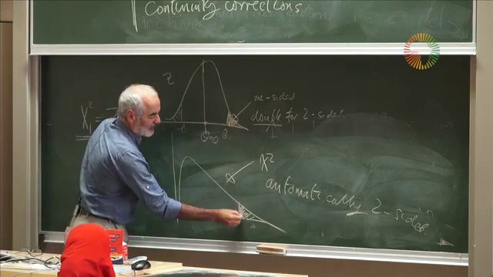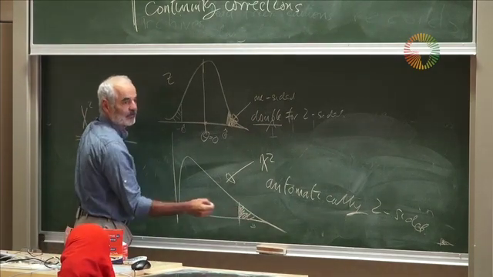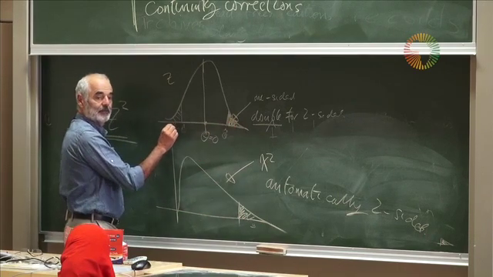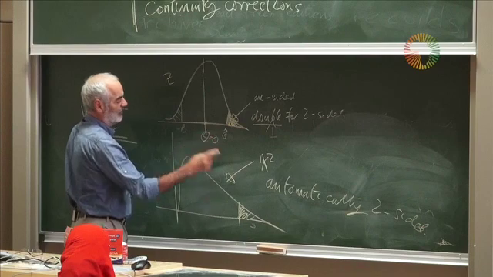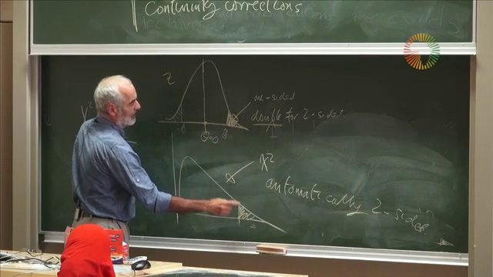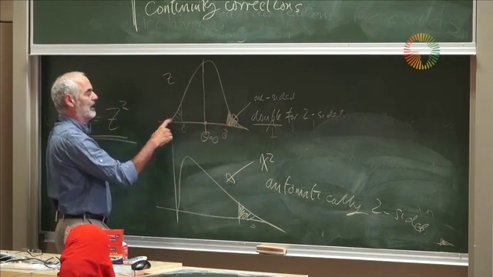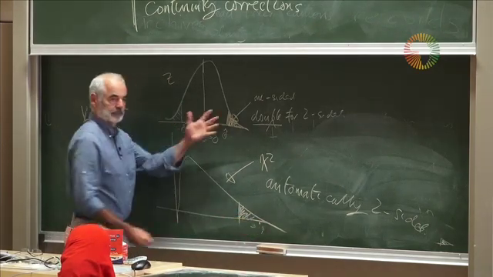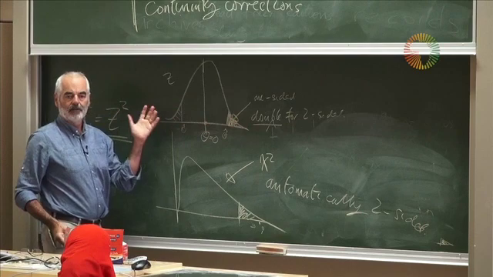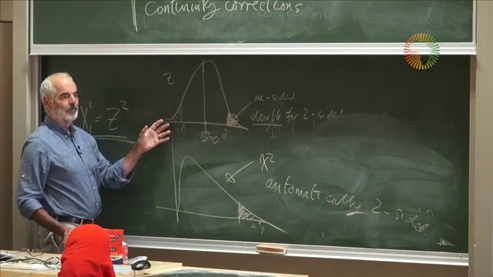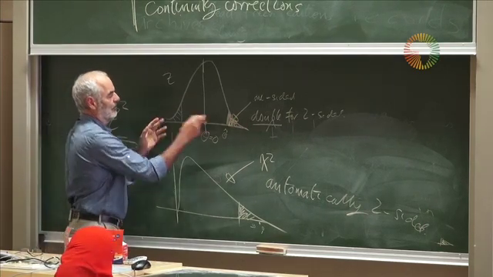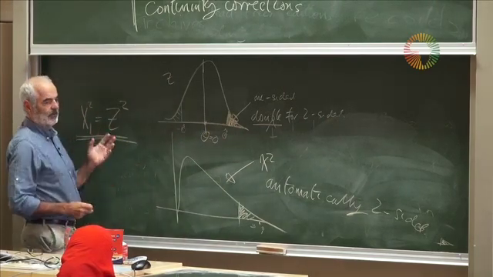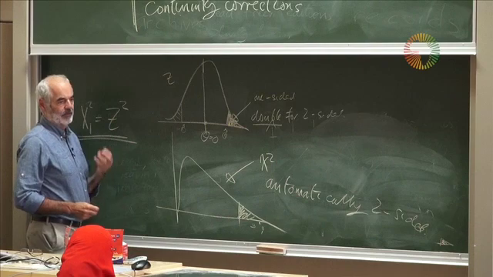And that means that high values of this correspond both to this and to that. So if this is 3 or minus 3, this would be 9. Is that okay? So if you're doing a normal, you have to maybe double the p-value, but for a chi-squared, just look at the top values, the high values.